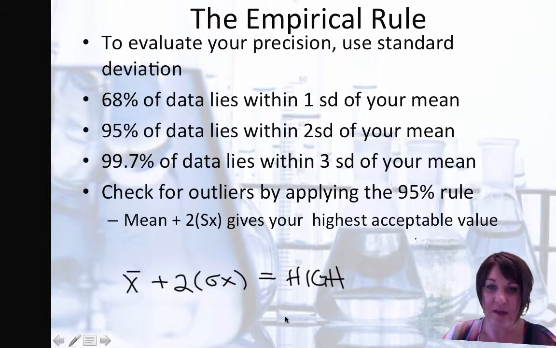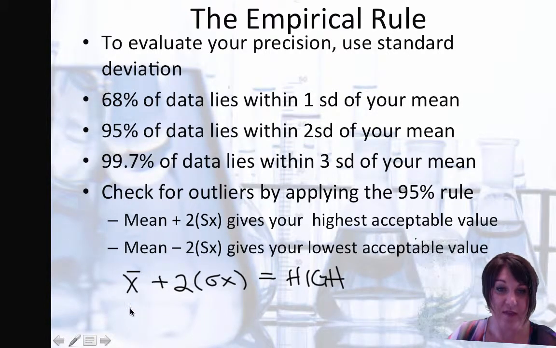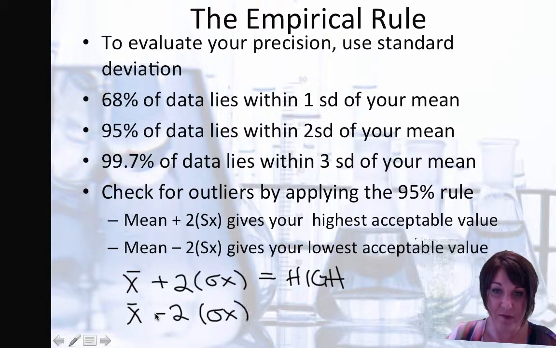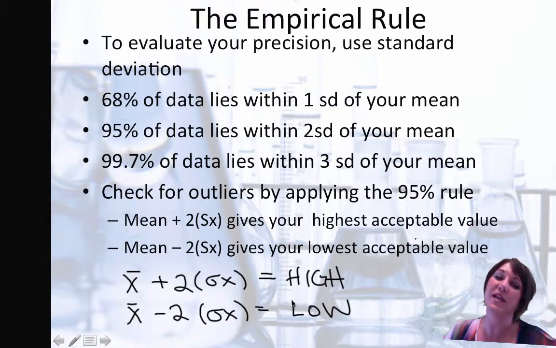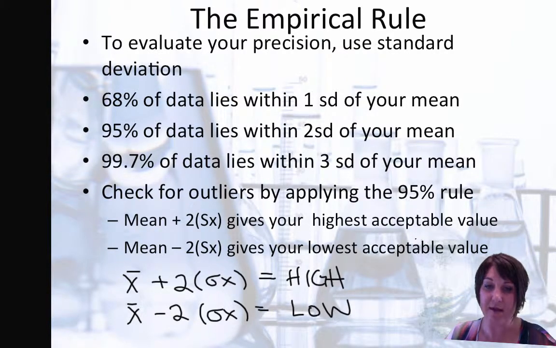Anything bigger than that number, we don't get to keep because it would not be reliable. And then to find the lowest acceptable value, we subtract 2 times the standard deviation from the mean. That will give us our lowest acceptable value, and any number that's lower than that, we might want to cast out because it doesn't fit the pattern of our data. It's not precise enough to be included.